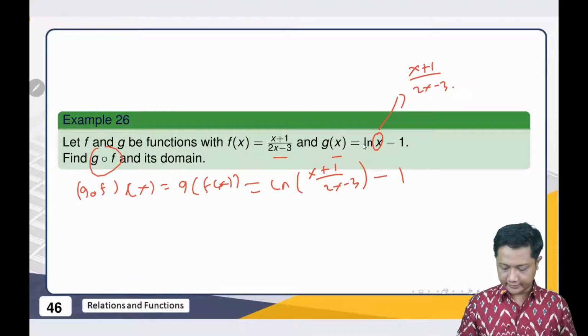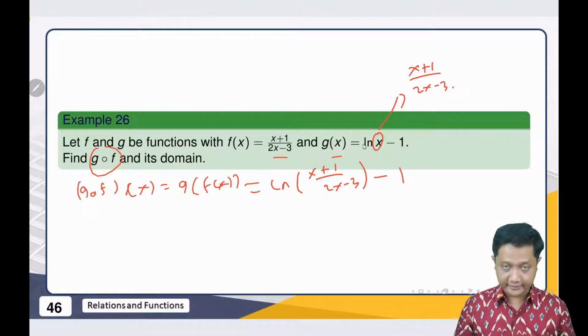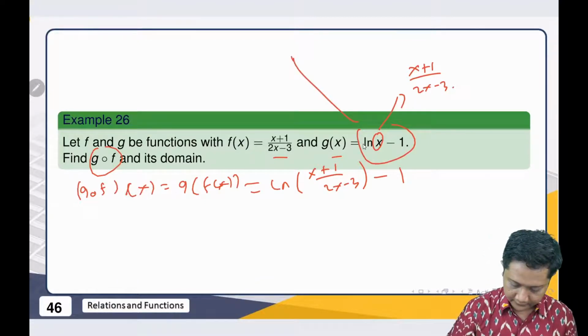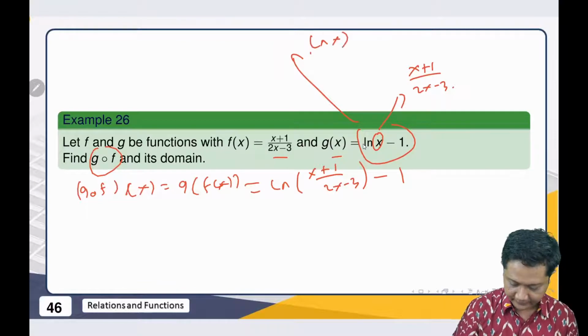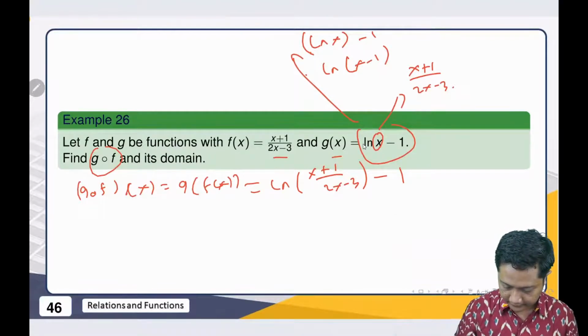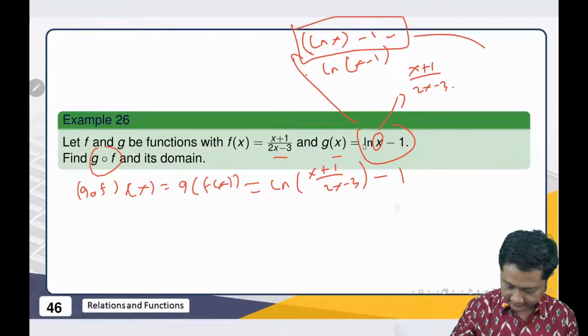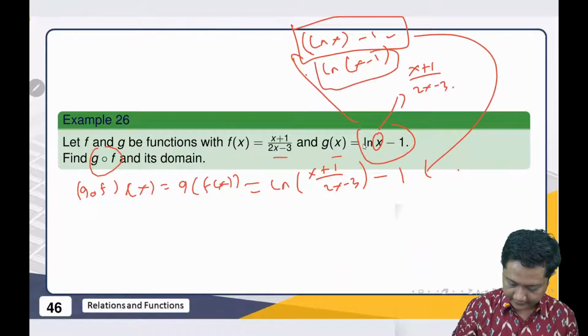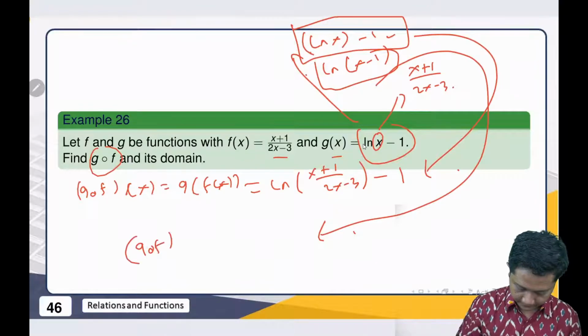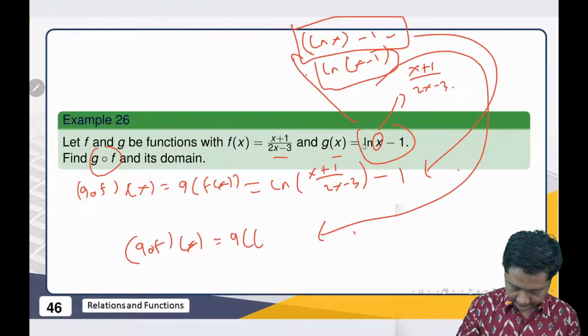And actually, if we have this kind of stuff, it is dependent, because this one is a bit confusing, because there are two possibilities here. It can be ln(x) minus 1 or it can be ln(x minus 1). So please be careful. So if it is this, then it goes to here. Then our g∘f will be the same, g(f(x)).